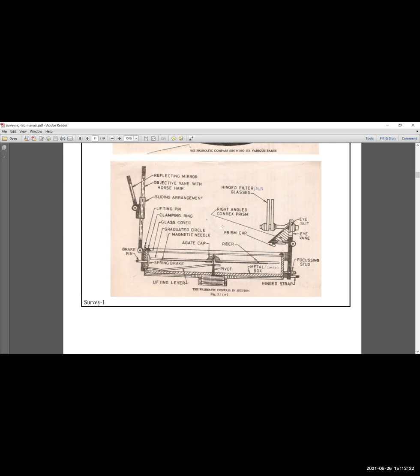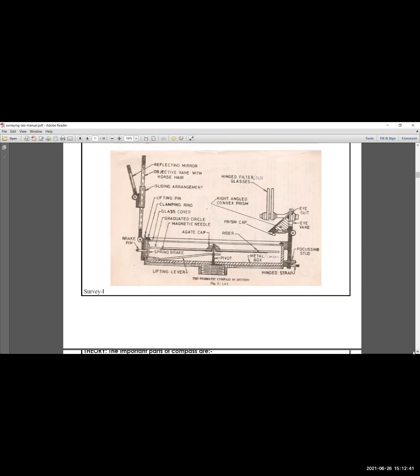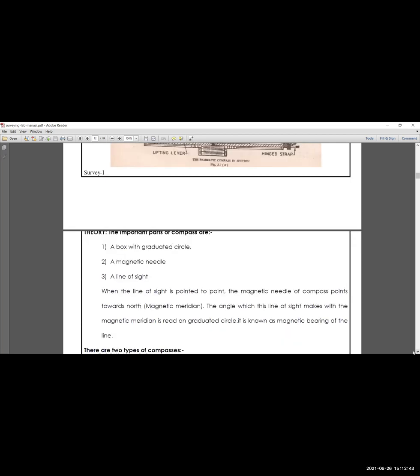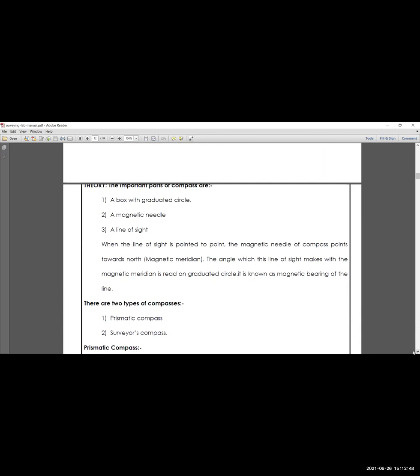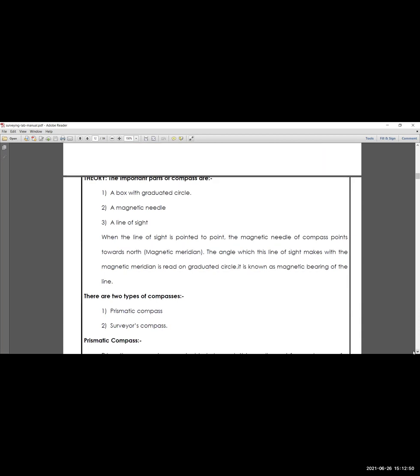Okay, so this prism is placed here, convex prism placed at right angle. Here is the prism cap and this is the rider. So the important parts of a compass are a box with graduated circle, a magnetic needle, and a line of sight.